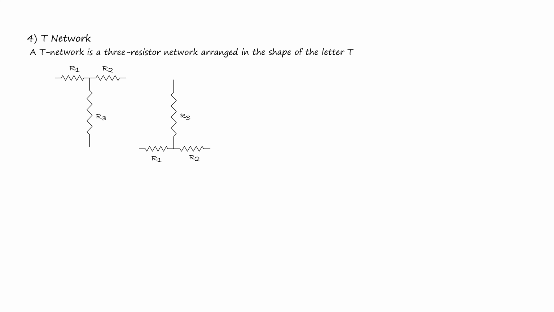A T network is a three resistor network arranged in the shape of the letter T. This network looks like the capital letter T. In these circuits, the resistors are arranged in a T shape, which is why it is called a T network.